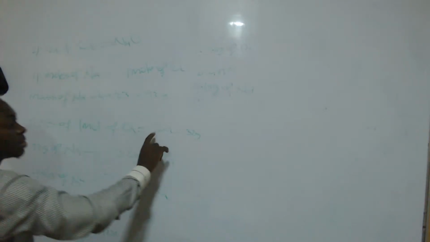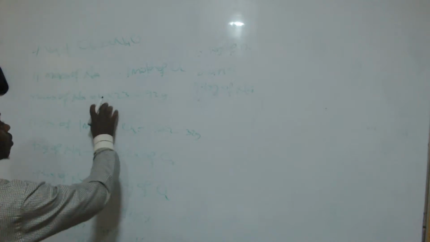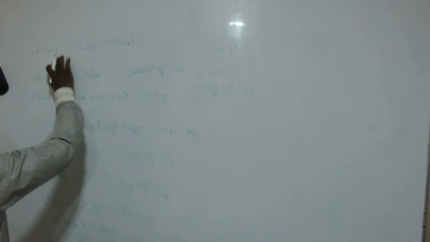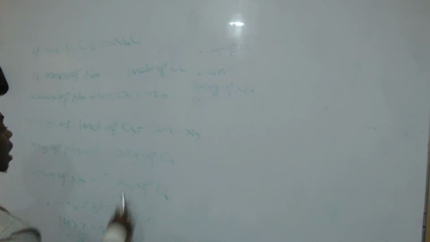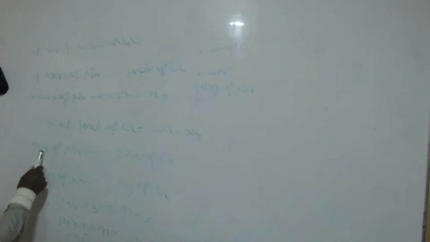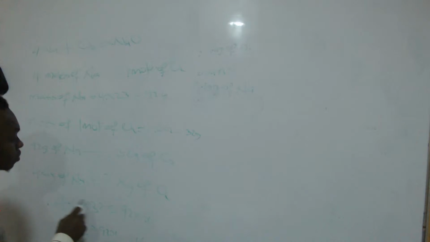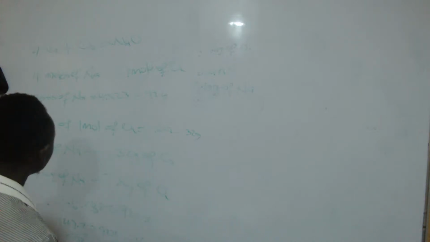If there was a 2 for the sodium, you would have 4 times 23 times 2, but since there's no 2, we just have 4 times 23, which equals 92. And 16 times 2 equals 32. So 92 grams of sodium gives you 32 grams of oxygen, then 4.6 grams of sodium gives you X grams of oxygen.